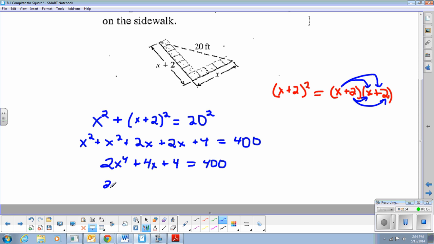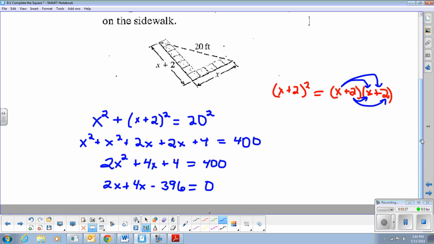Whoa, I have a typo up there, don't I? This should actually be a squared here. So I have 2x squared plus 4x plus 4 equals 400, and now I'm subtracting. I'm going to do plus 4x, and when I subtract 400 from both sides, it's a minus 396 equals 0.